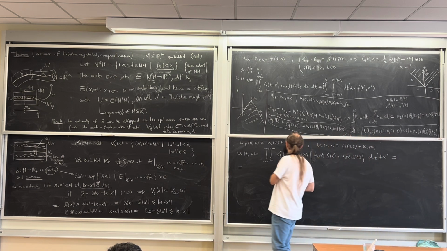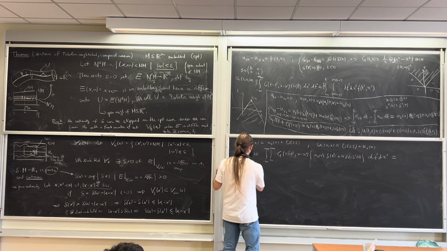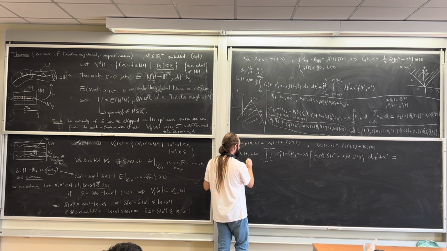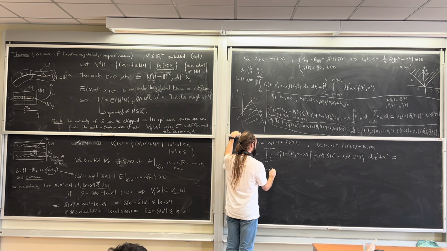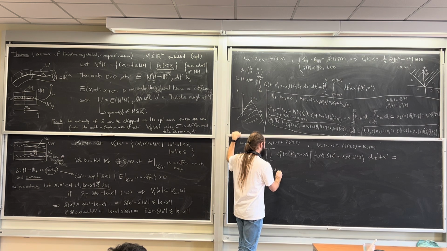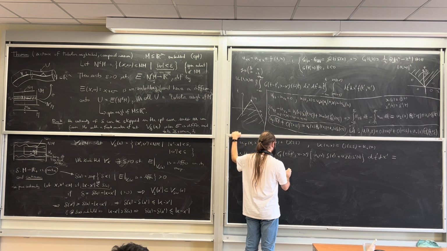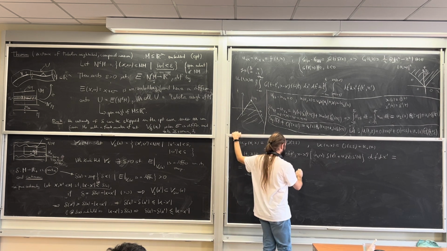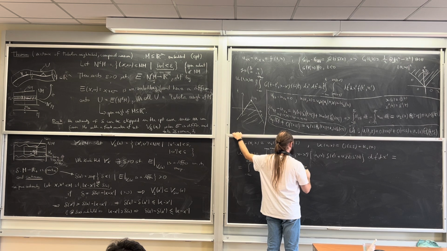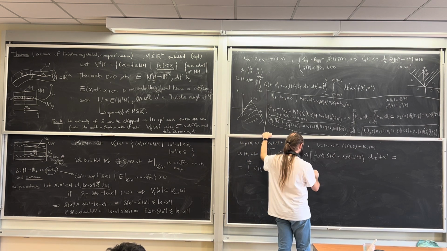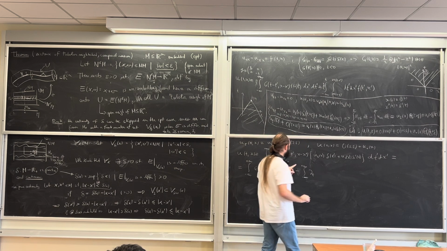So now, if we integrate this expression, we get the integral from minus infinity to plus infinity of g of t, x minus x prime, u1 of x prime dx prime, minus the integral of the same kind, so it is derivative in t prime.